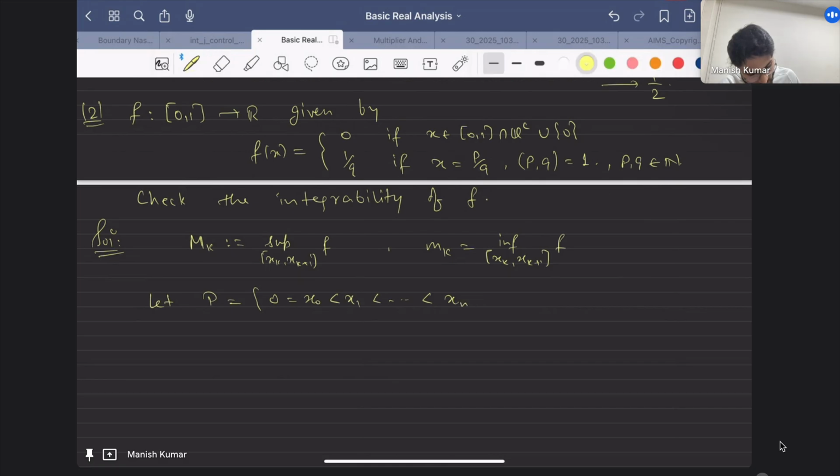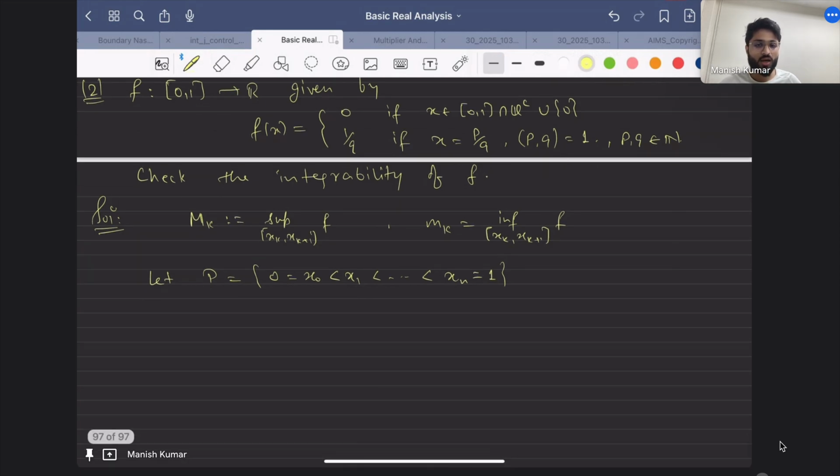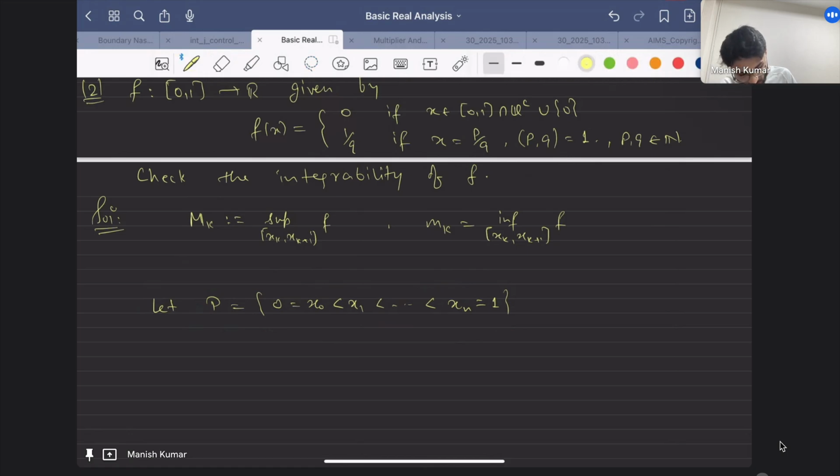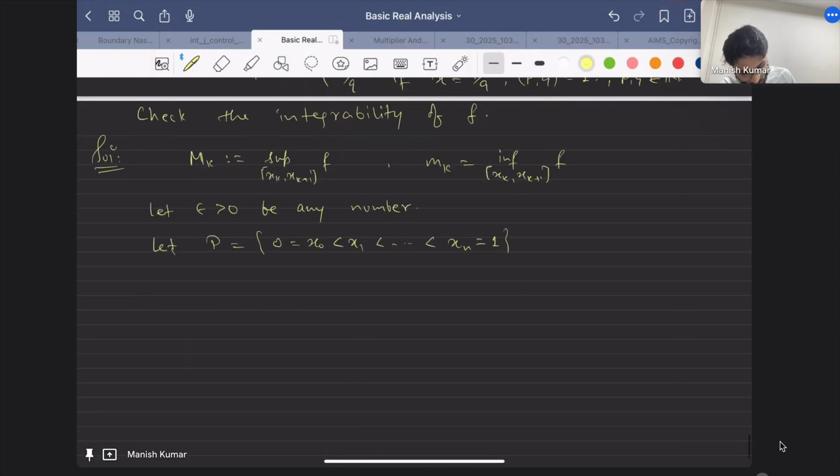Here I am not specifying what the xi's are, we are just considering any partition, and then we'll try to see how we can get a partition for which this difference would be less than any epsilon. For that, let us choose any epsilon beforehand. So let epsilon greater than 0 be any number. Let us try to see what is U f P minus L f P.